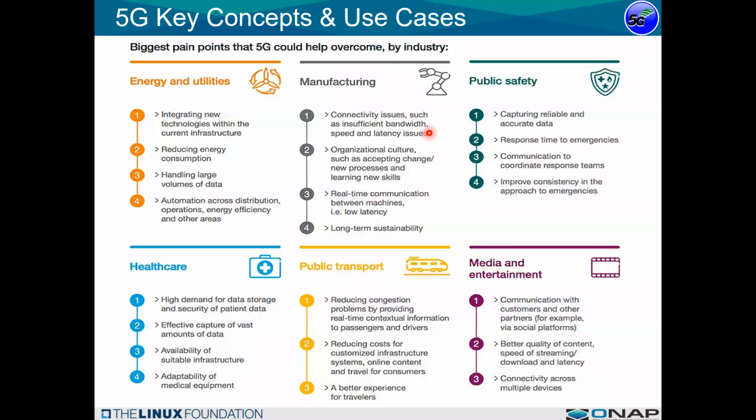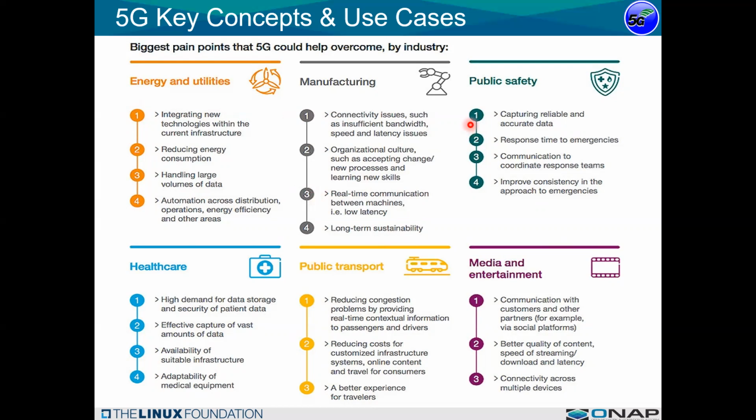So some of the pain points that couldn't be addressed in 4G, or that are enhanced in 5G, are, in energy and utilities, being able to integrate new technologies, handle large volumes of data, and improved automation. Of course, Industry 4.0, which we'll talk about in a second, improved connectivity and real-time communications, machine-to-machine communications, a lot of new interesting applications.